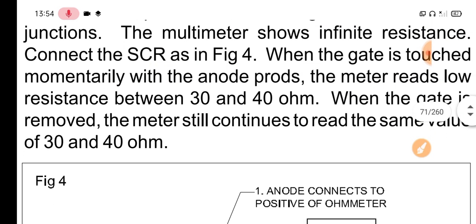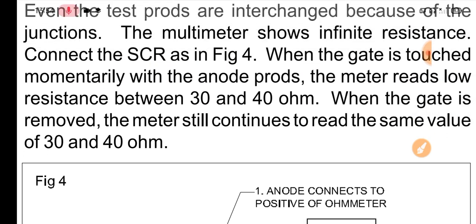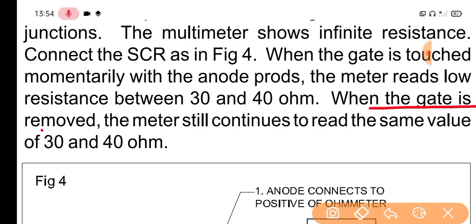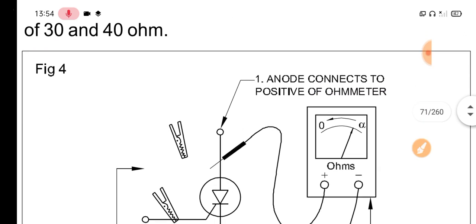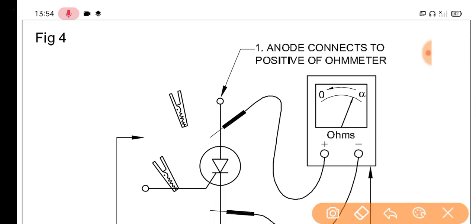When the gate is removed, the meter still continues to read the same value of 30 to 40 ohms. Given the pictures, the anode is connected to the positive of the ohmmeter.